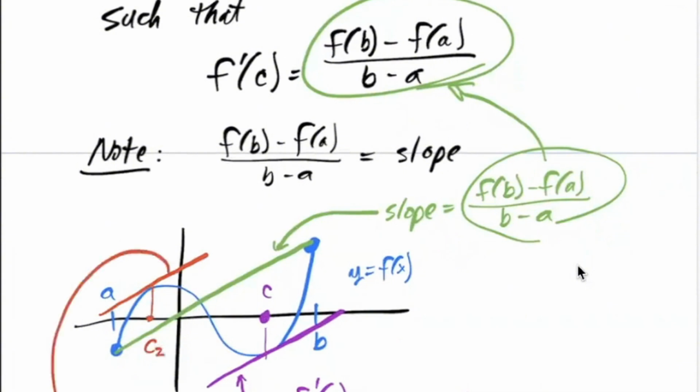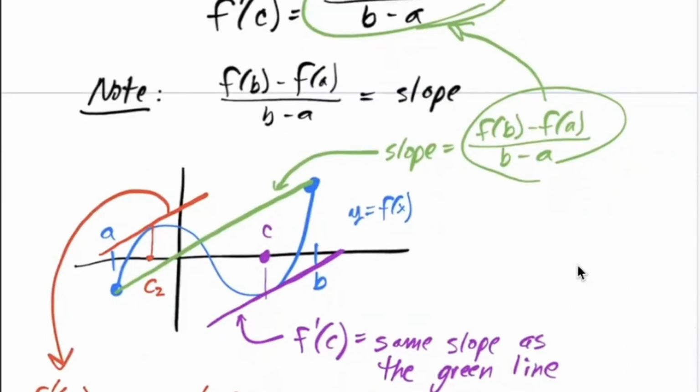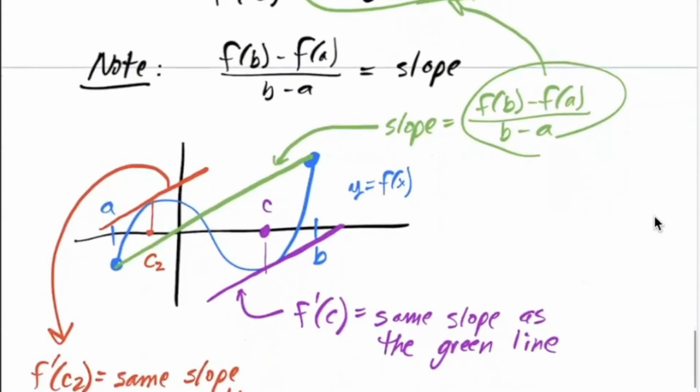And here, the derivative at c2 equals the same slope as the green line. So in this case, we got two examples of c values. Just like Rolle's theorem, there's going to be at least one of them, but here we have two. So we're okay.